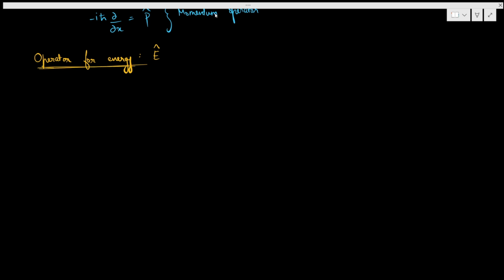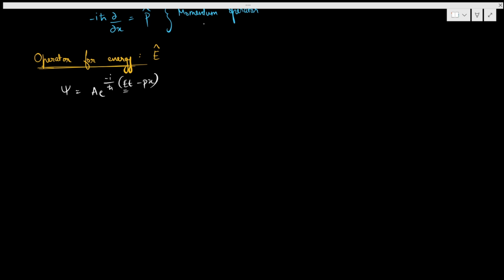Okay. So for E cap, again, you already have your initial equation from before. Psi is equal to A into e to the power minus i by h cross into (E into t minus p into x). Now, for this, you want this E term to come on your right hand side.